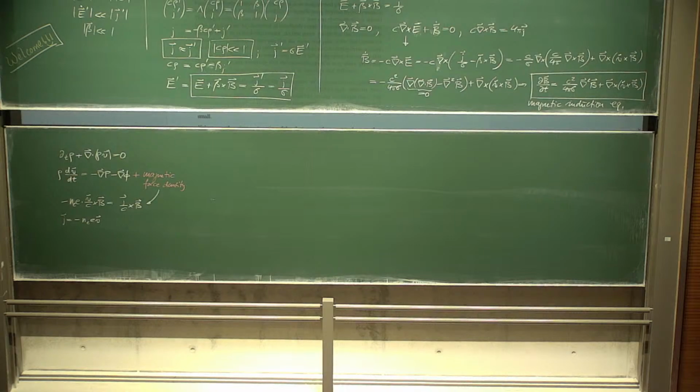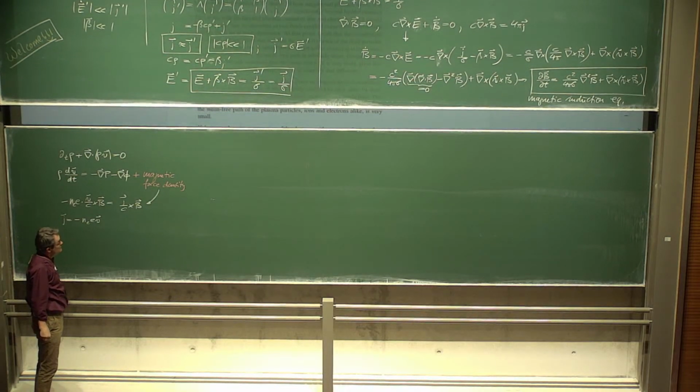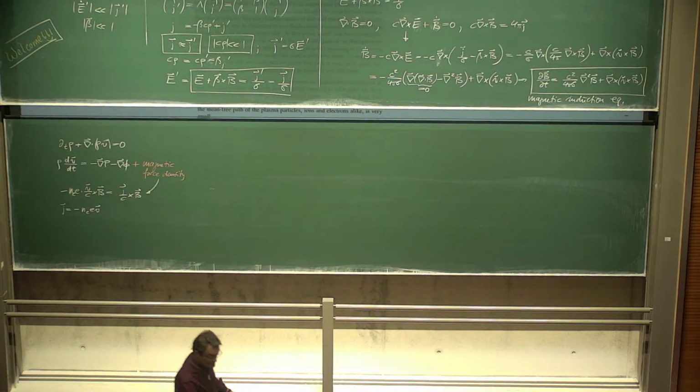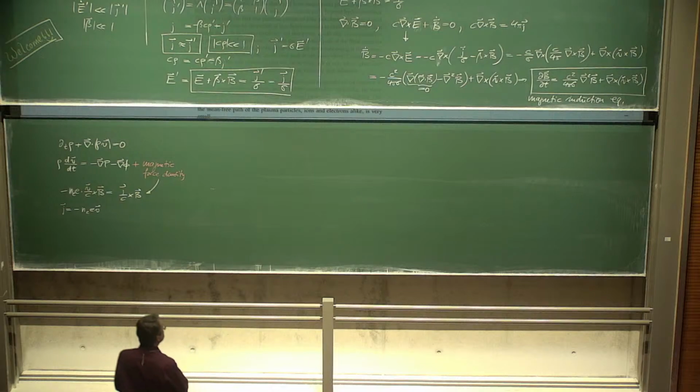But now I need to replace the J also by the magnetic field. Right? Now I can use, can you see this on the board up here? Now I can use one of Maxwell's equations to directly relate the current density to the curl of the magnetic field.